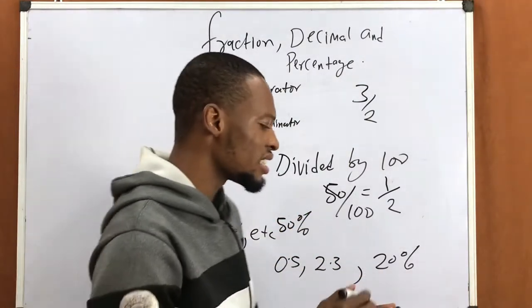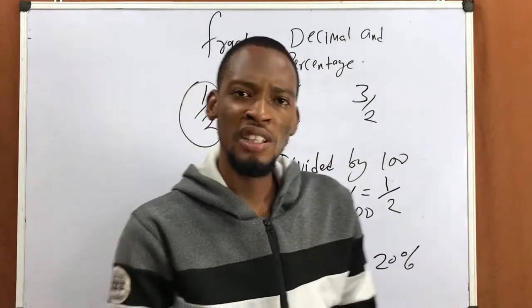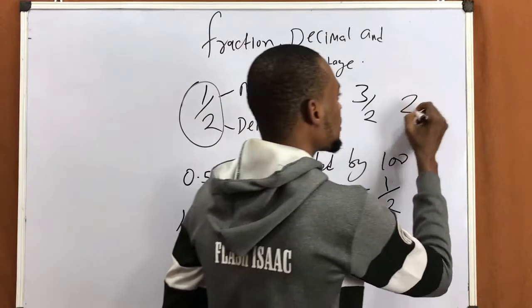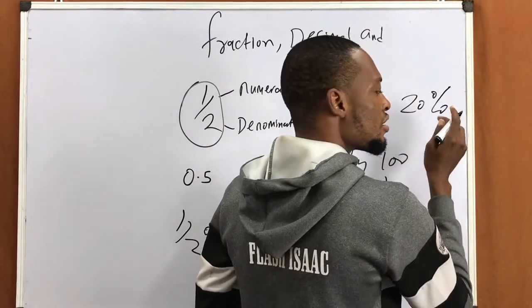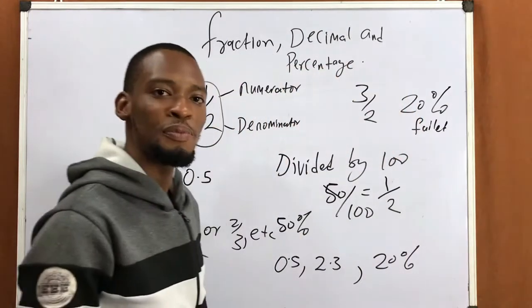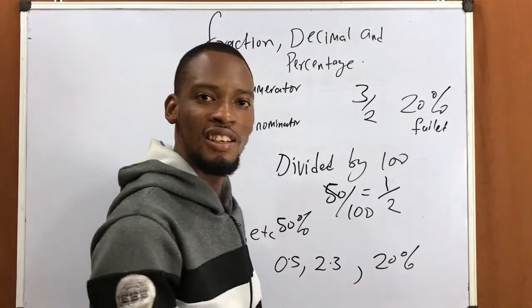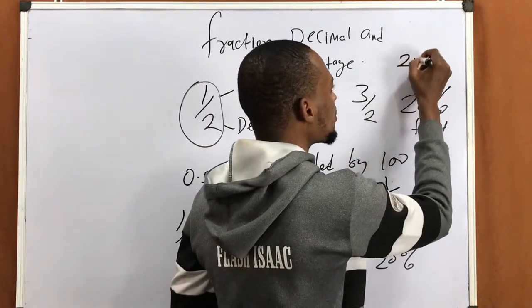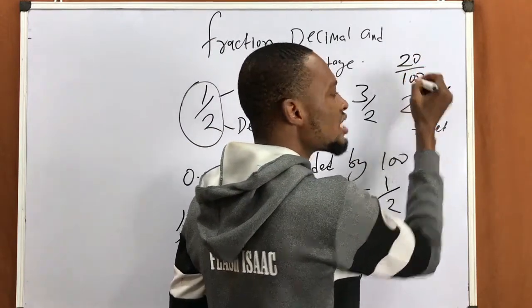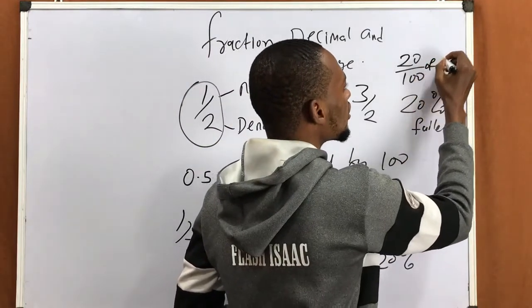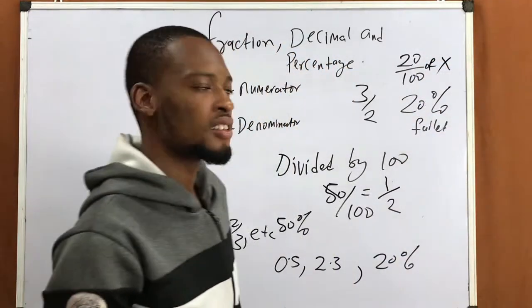Then percentage, when JAMB or WAEC releases results, they will tell you that 20% failed mathematics, 30% passed English. So you see that percentage means 20 over 100, or 20 divided by 100 of the total number.